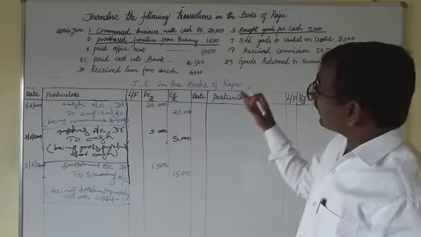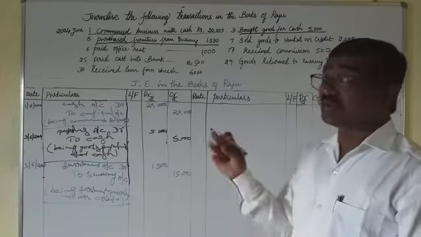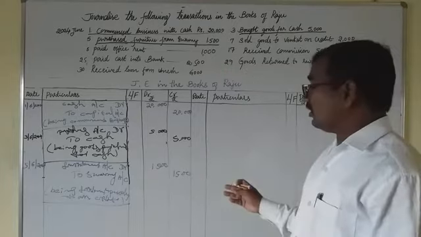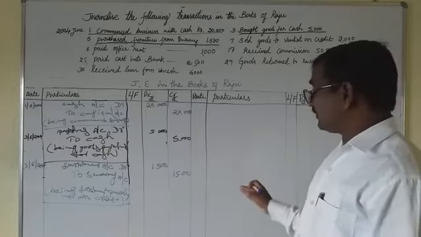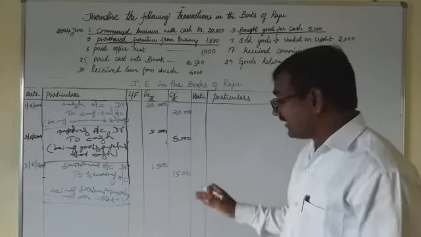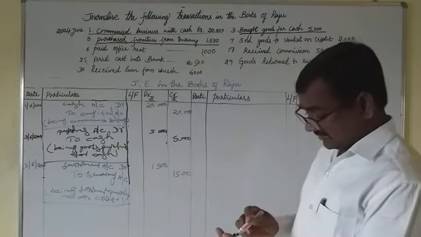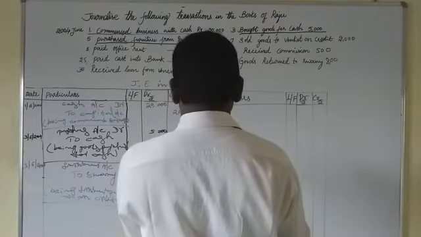And purchased from Swami according to personal account rules: debit the receiver, credit the giver. Who is the giver in this transaction? Swami. So furniture account debtor to Swami account 1500, being furniture purchased on credit. So that is the fifth entry.